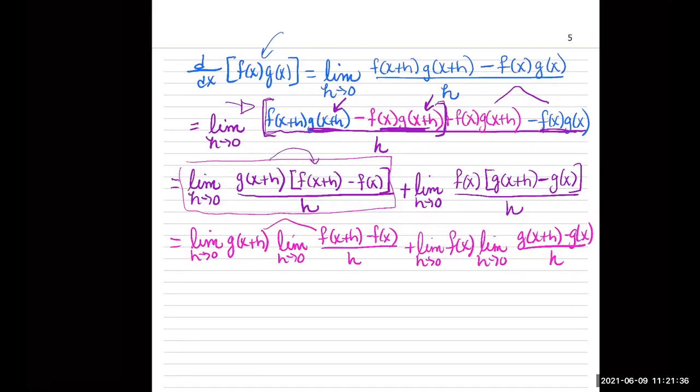Because I know you know what this is. Do you see that where I have the limit as h approaches 0 of f of x plus h minus f of x over h? What is that equal to? Just this part. What is that?